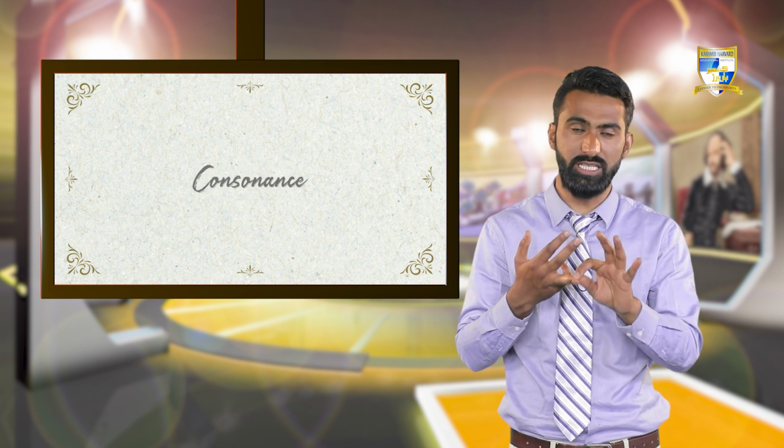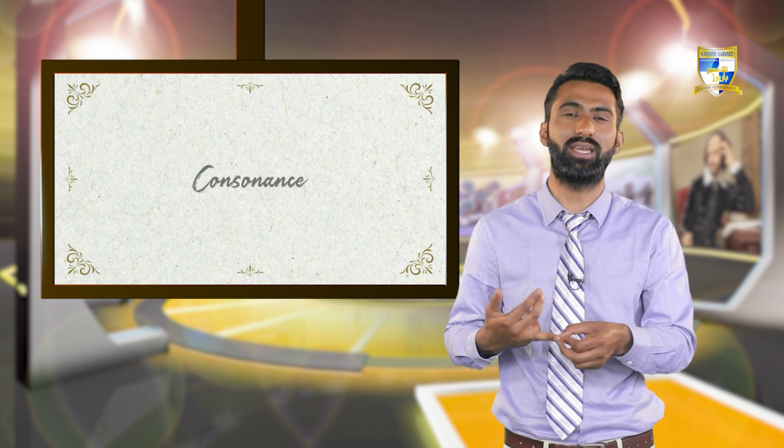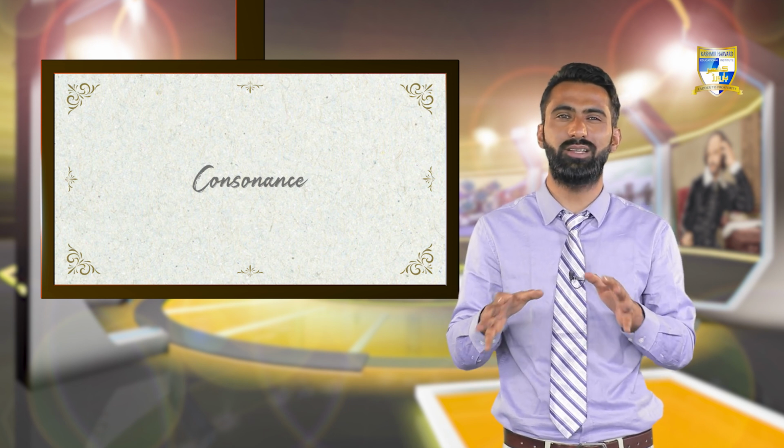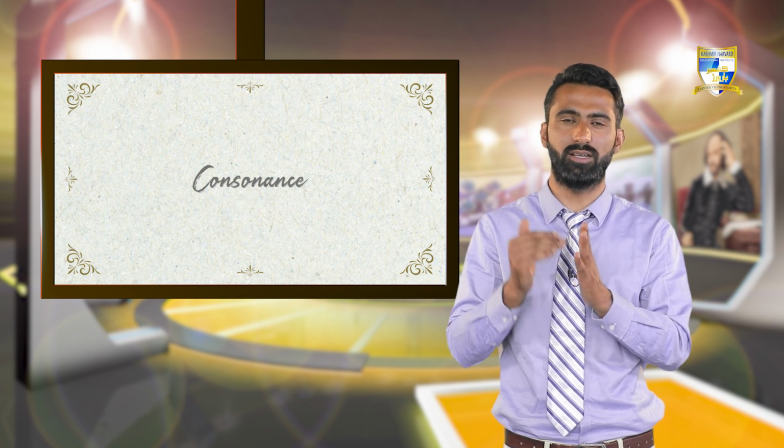Number 3 poetic device that too deals with the rhythm of the poem, that is consonance. It's a little bit similar to alliteration because in both the poetic devices the consonant sound is used, but there is one little difference.